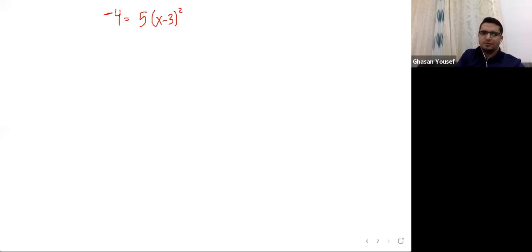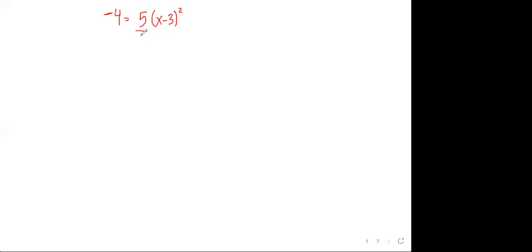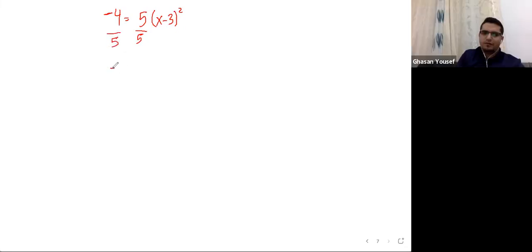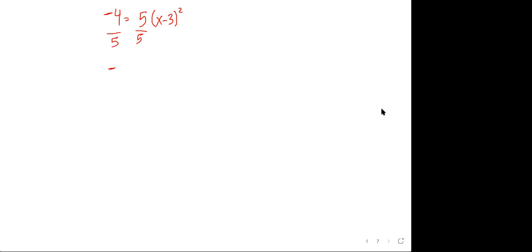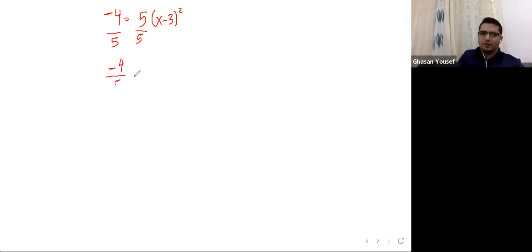What should I do? I'm going to divide by 5 on both sides. I will get minus 4 over 5 equals (x minus 3) squared. Now take the square root of both sides.